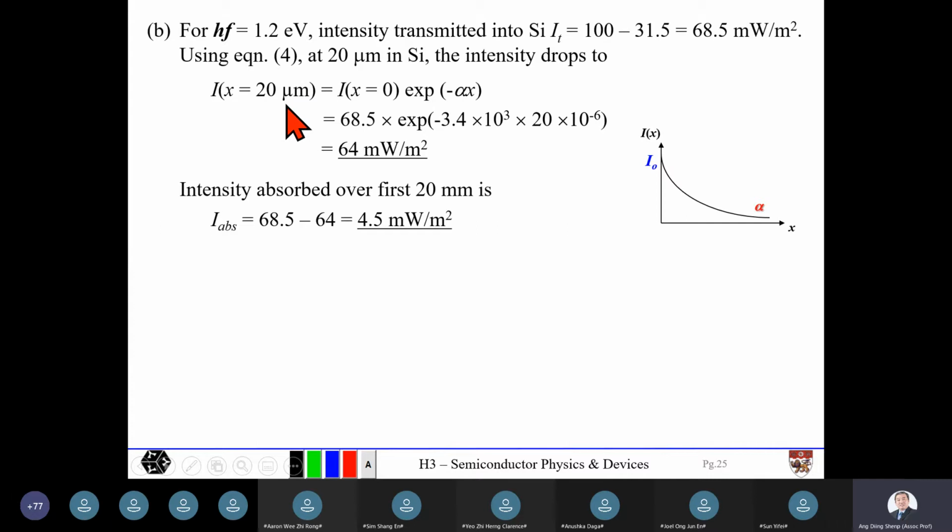The difference between the initial intensity and the remaining intensity will be the amount of intensity absorbed. The calculation is shown here.